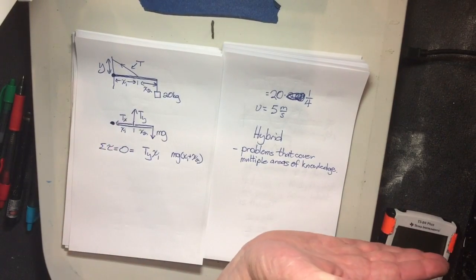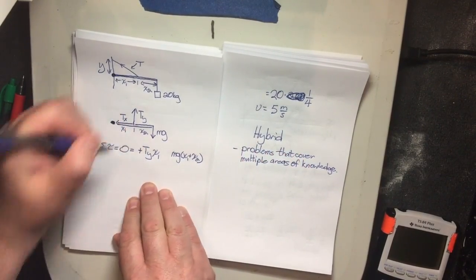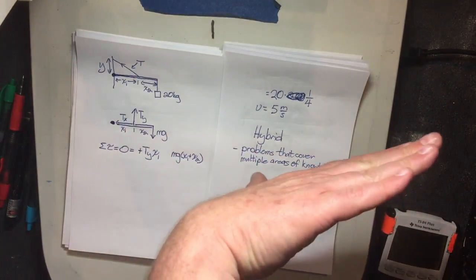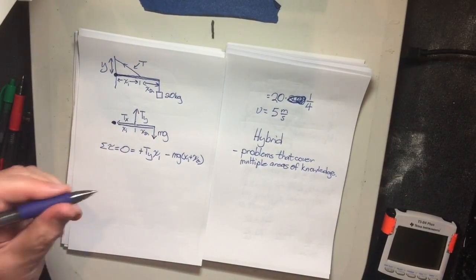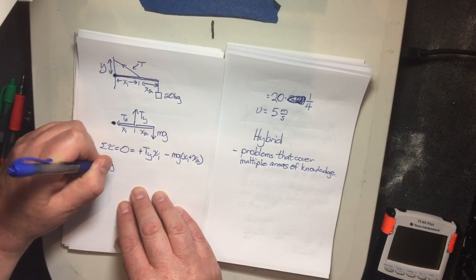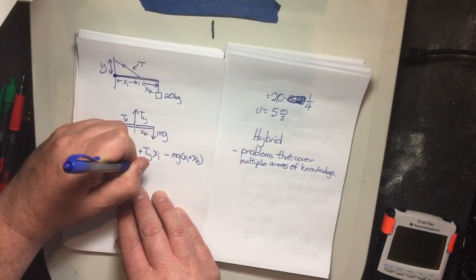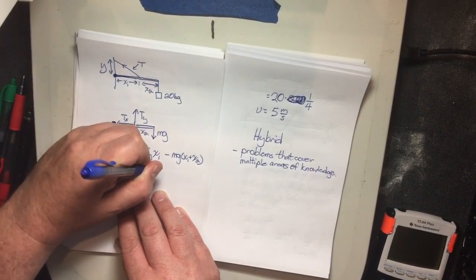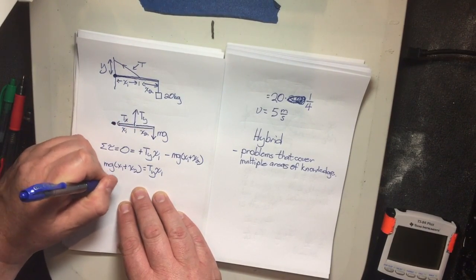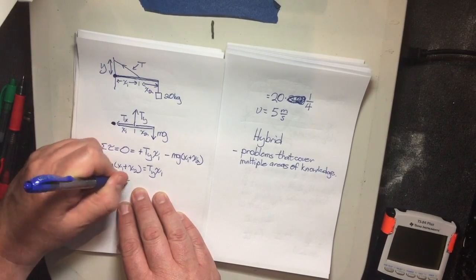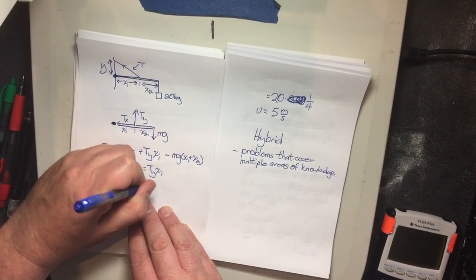There to there is to the right, force is up, torque out, positive. Force is to the right, force down, torque in, negative. So mg (x1 plus x2) is equal to Ty x1, or mg (x1 plus x2) over x1 is equal to Ty.